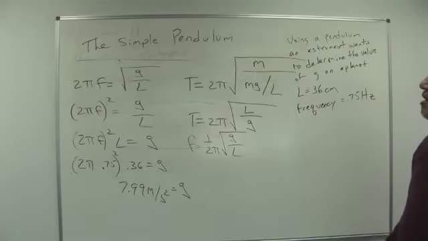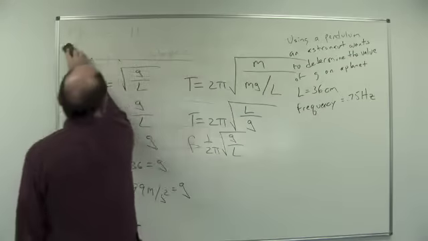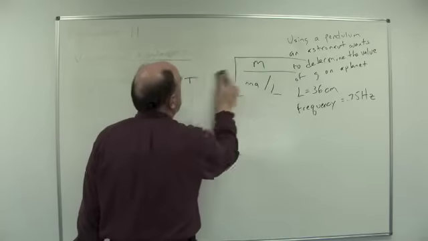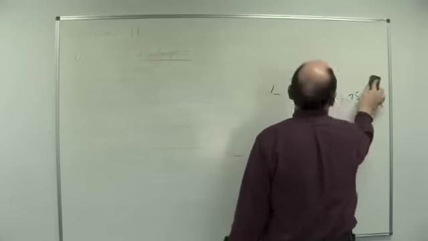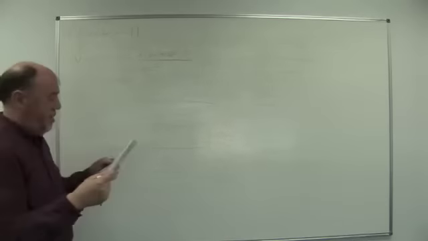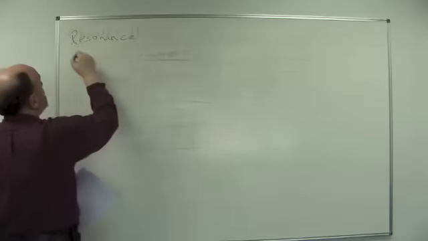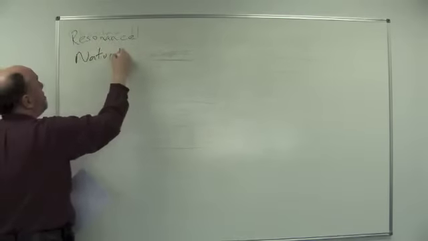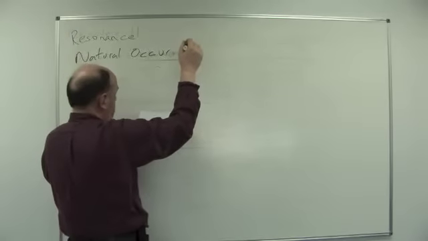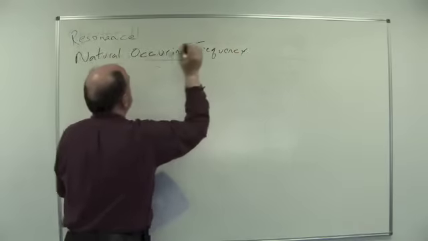Let me get in terms of this wave motion and this back and forth. We look in terms of the resonance for our system. So in terms of resonance, we look in terms of the natural occurring frequency for a spring.